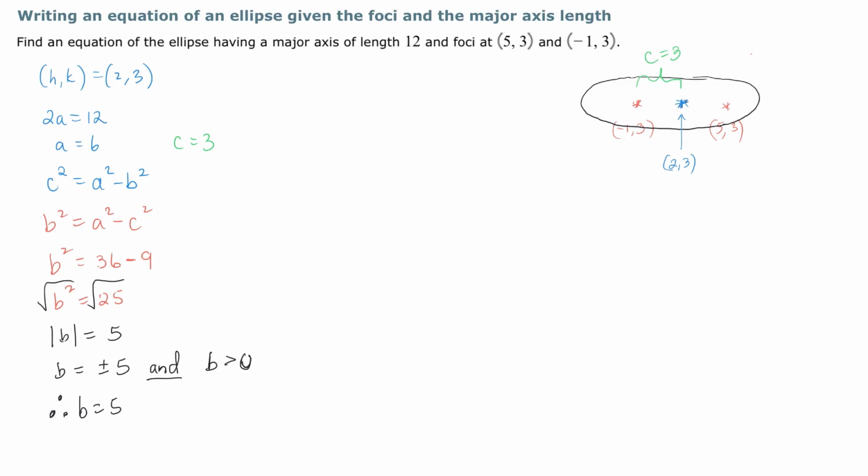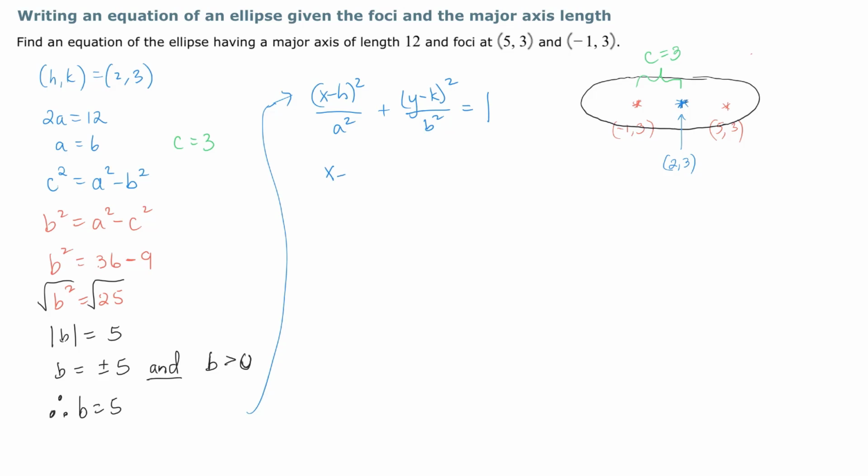So what do we have? We want to write our standard form of an ellipse, and that's elongated in the horizontal direction. So we have x minus h quantity squared over a squared plus y minus k quantity squared over b squared, which is now equal to 1.